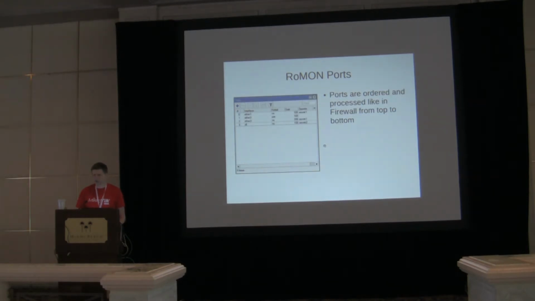Also, there is a hierarchy. Ports are ordered and processed like in a firewall, from top to bottom. Here we can have Ethernet 1, which is allowed with the secret one. Ethernet 2 is forbidden. We don't want to make any connection to that network. Maybe it's our private network, or maybe there are secure servers there. We don't want to route anything there.